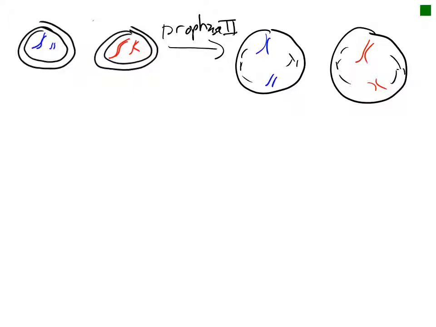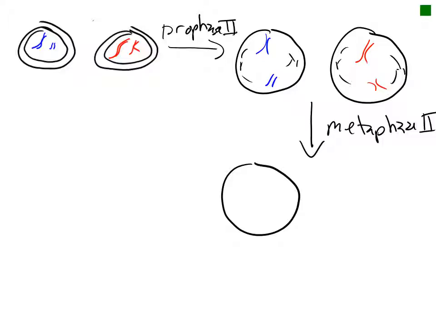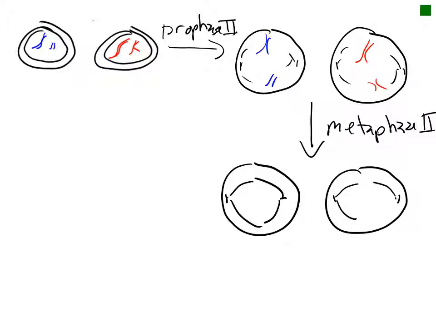The mitotic spindles will attach to the sister chromatids during prometaphase 2 and then move them to be aligned in the middle of the cell during metaphase 2. Notice that this process occurs in both of the daughter cells from meiosis 1.